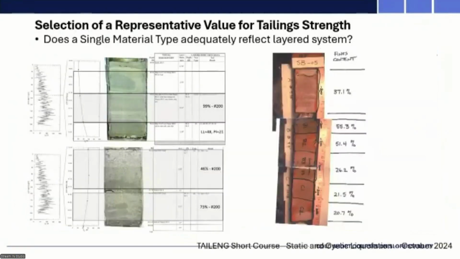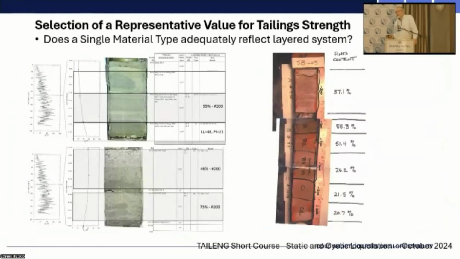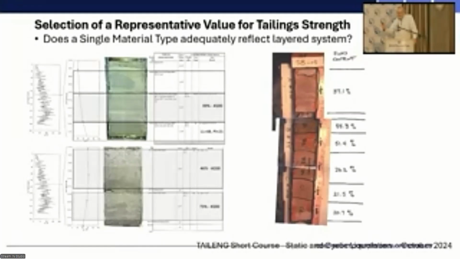One of the challenges in trying to select a representative value is the recognition, and I think a couple other slides have shown, of the highly layered nature of most hydraulic fill tailings. I call it microstratigraphy. I like to take a Shelby tube or perhaps a Dames and Moore sampler, or a continuous sampler, cut that in half and log the layers, and then use that to select representative values.